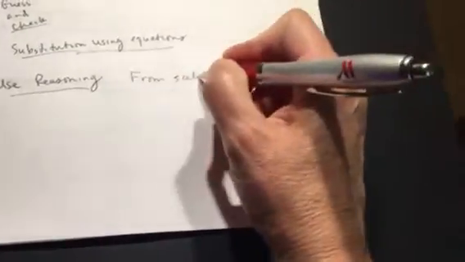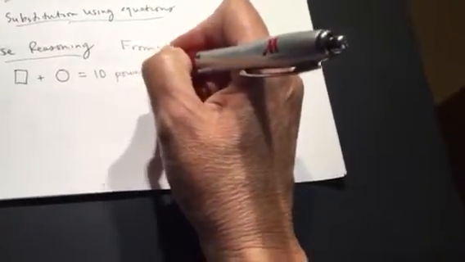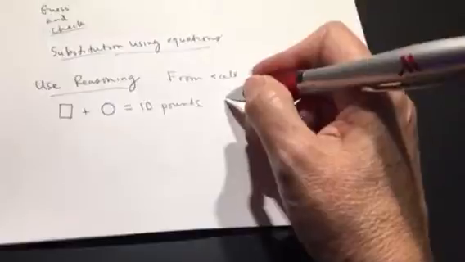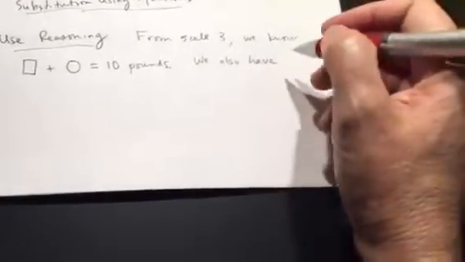Use reasoning because from scale number 3, we know cube plus sphere equals 10 pounds. You also have a cube and a sphere on the 1st scale. So we also have, there's more than that on the 1st scale, but we have that on the 1st scale.